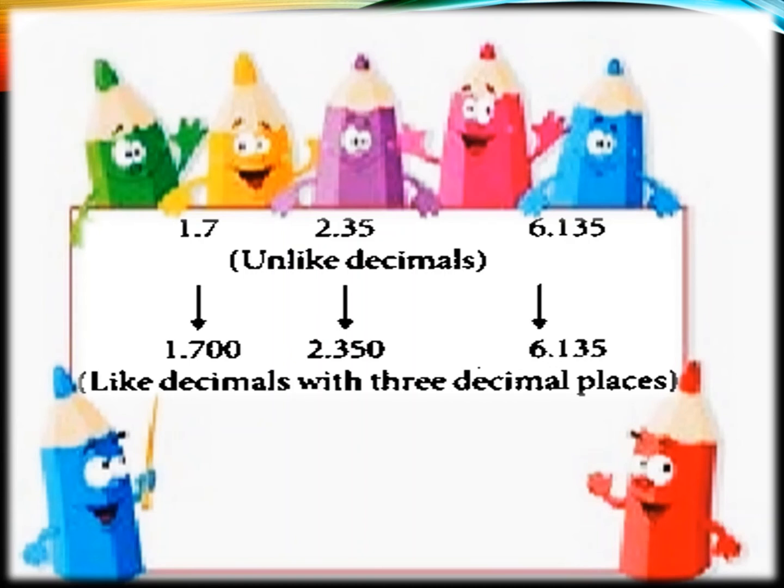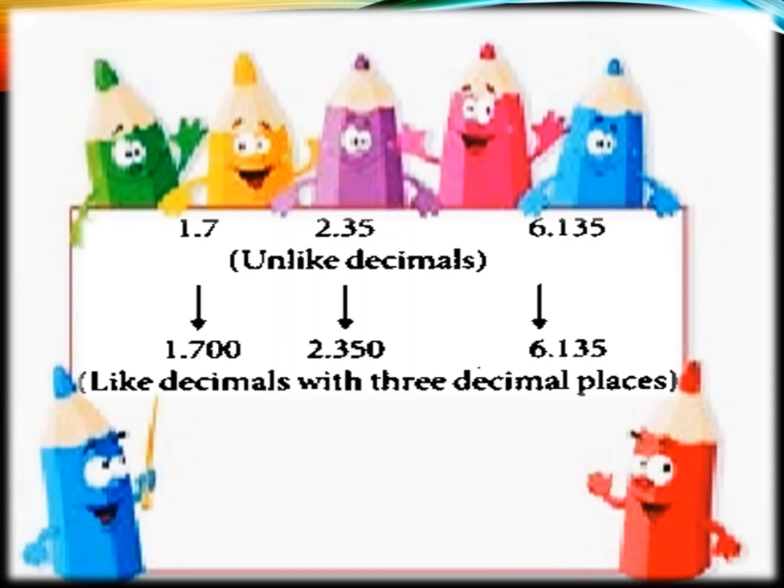But if we have unlike decimals, how shall we make them like decimals? At the end we shall put zeros. Here the highest number of decimal places is 3. So for 1.7, we shall put 2 zeros after it to make it 3 places after the decimal. Done?